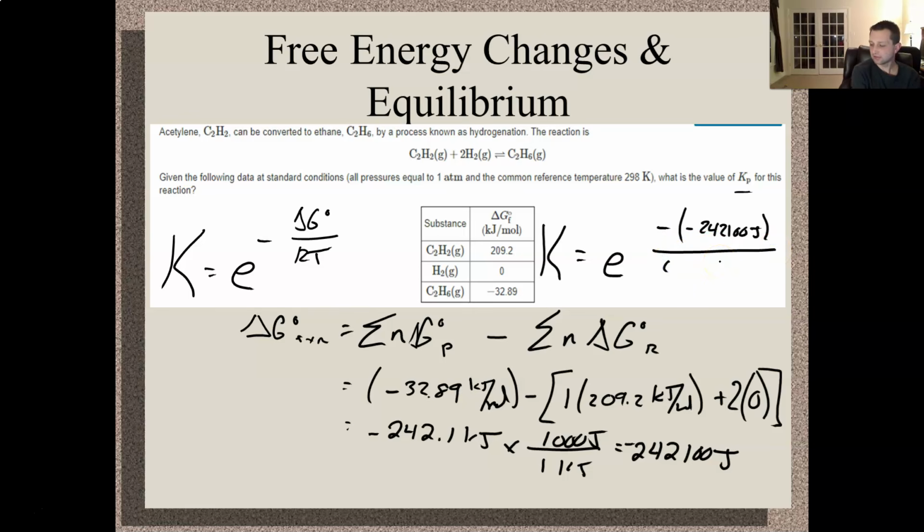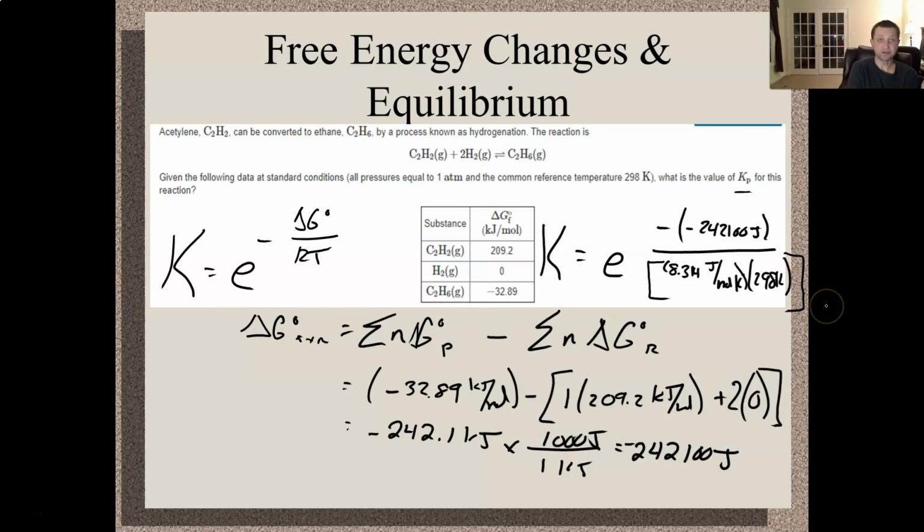So R is 8.314 joules per mole Kelvin times your temperature, which is 298 Kelvin. Okay, so do negative 242,100 over, and then make sure that you're dividing by 8.314 and 298, right? So you got to make sure in your calculator this goes in parentheses.